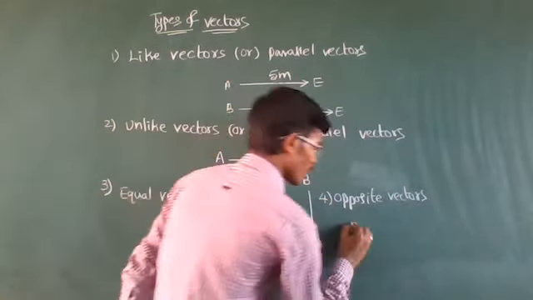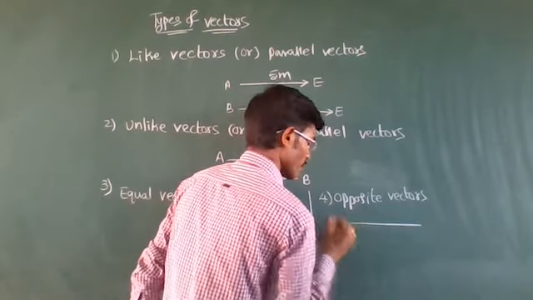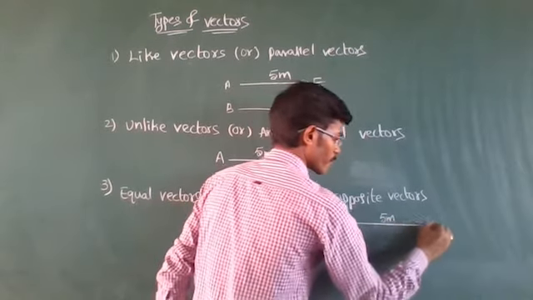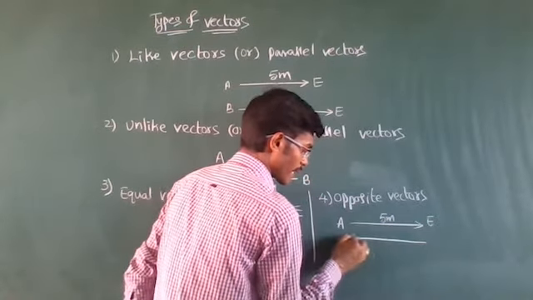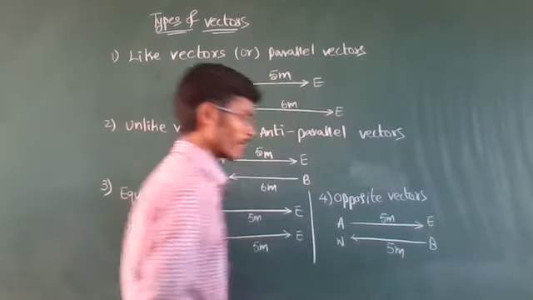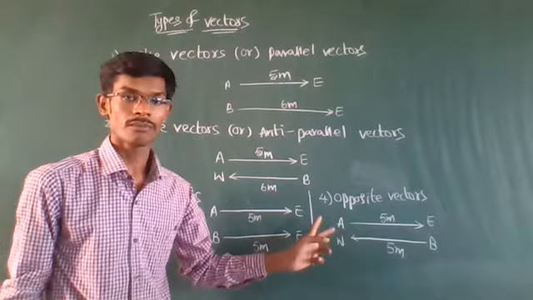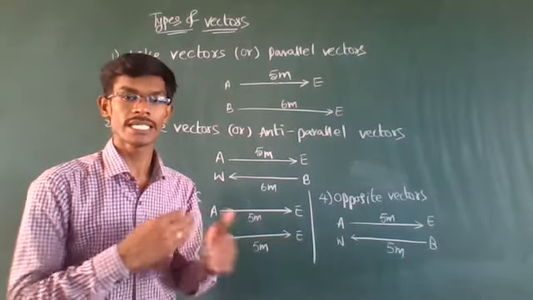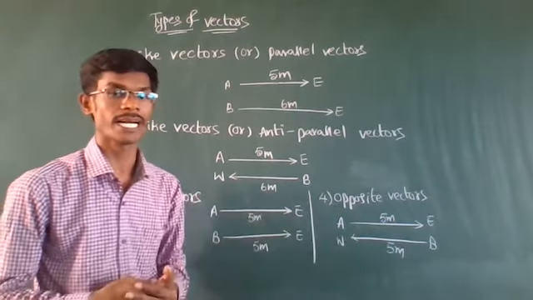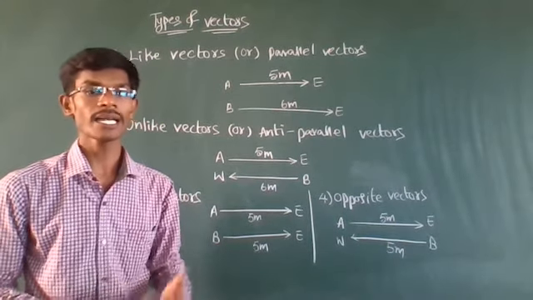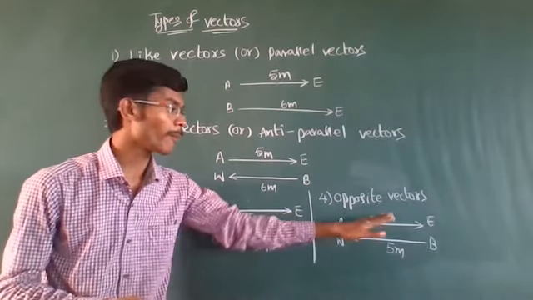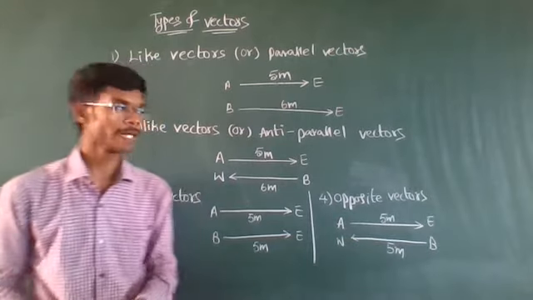Observe that person A is running along the east direction and has covered 5 meters. But person B is running along the west direction and has covered the same 5 meters. A and B are running opposite to each other, but they are covering the same distance. These types of vectors we call opposite vectors or negative vectors. The vectors which have the same magnitude but opposite direction are called negative vectors.